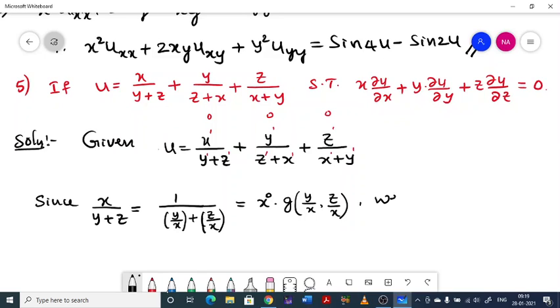We have x by y plus z, a homogeneous function of degree 0.